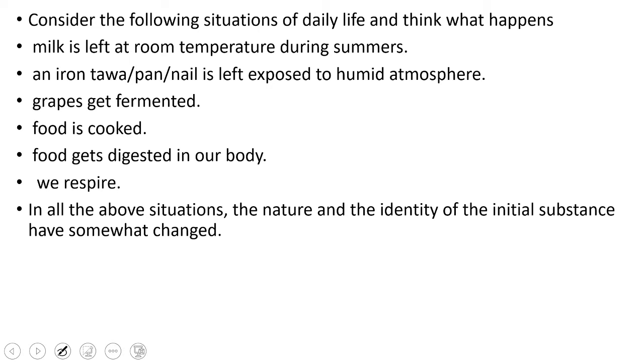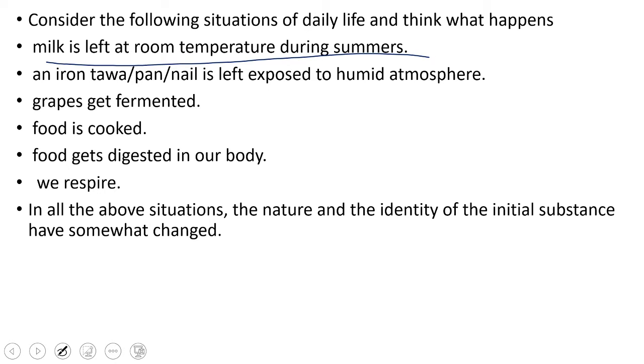So I have given here some examples. Just think about these examples which generally occur in our daily life. The first example which I have given is milk left at room temperature during summers. During the summer season, temperatures are very high, and if you leave the milk at room temperature, it gets spoiled, right?